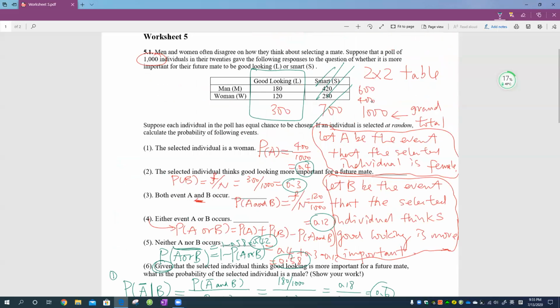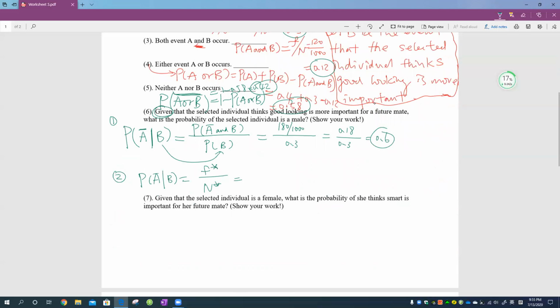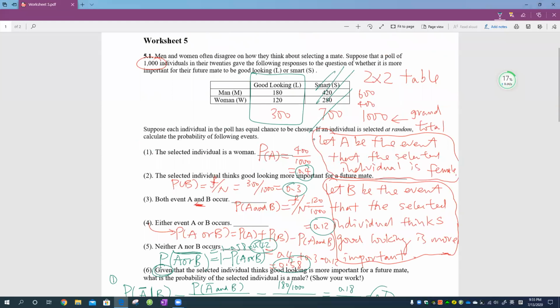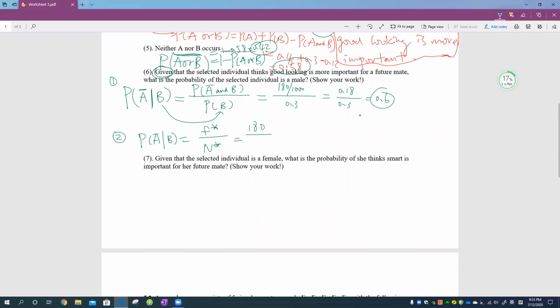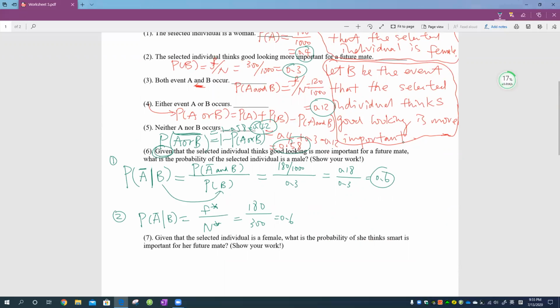Male is a count of 180. And then N star means with that condition, what's the total? The total is 300 now. So we have 180 divided by 300, which is 0.6. So that's the second way. Just by the conditional probability definition, we know it is 60%.